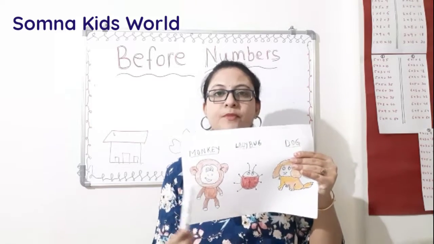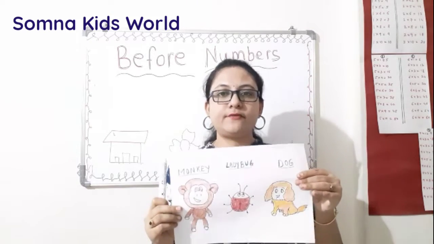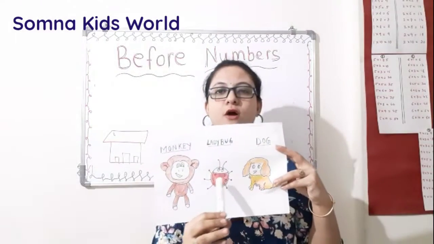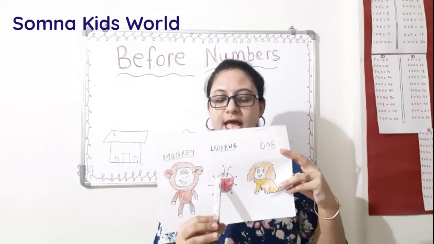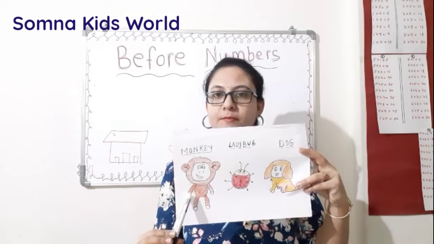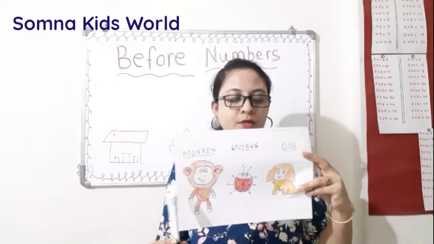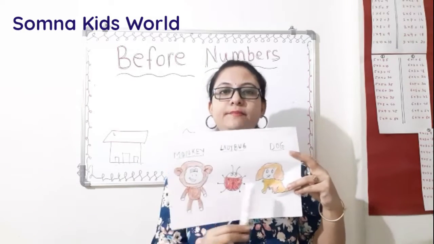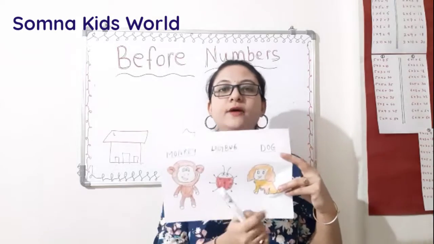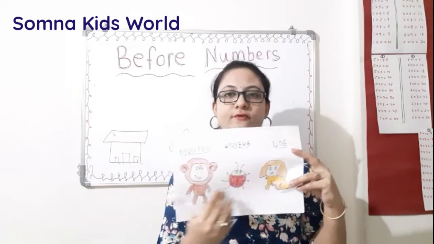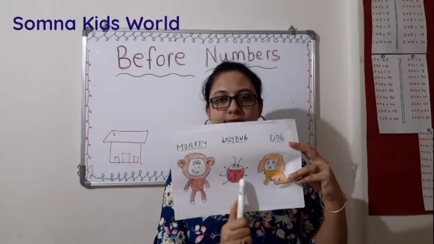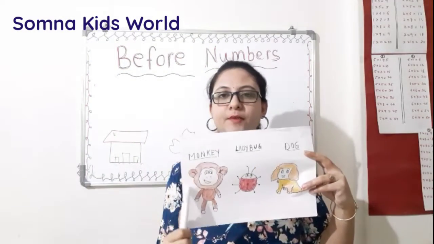It's a monkey. So here you understand that before means in front of. In front of the dog is a ladybug, and in front of the ladybug is a monkey.